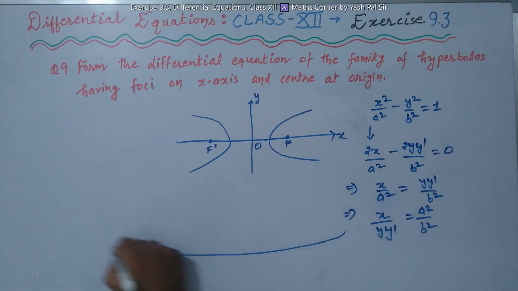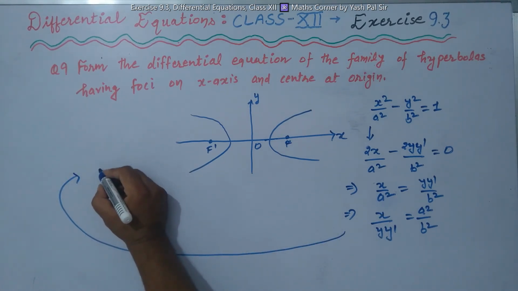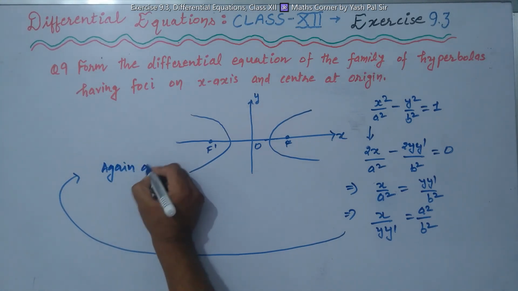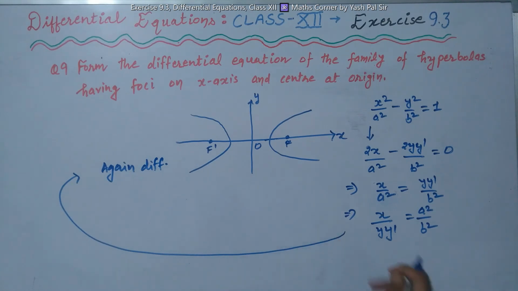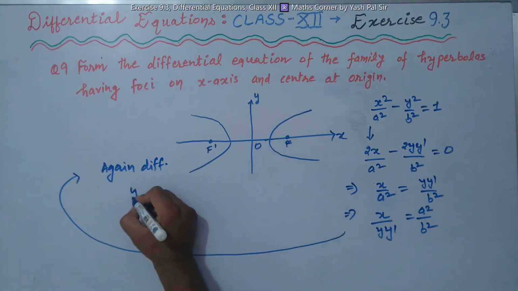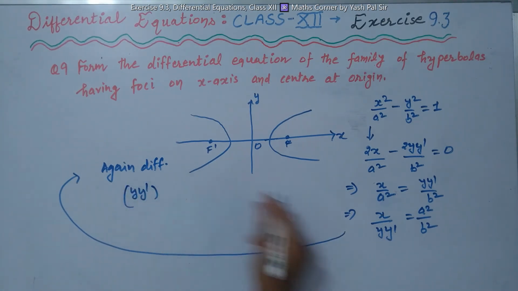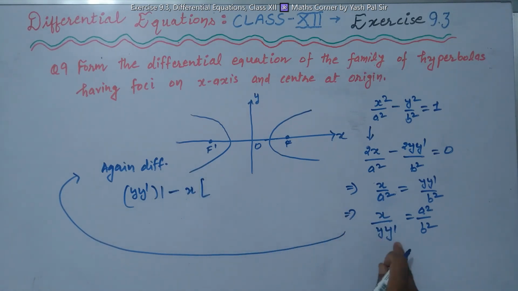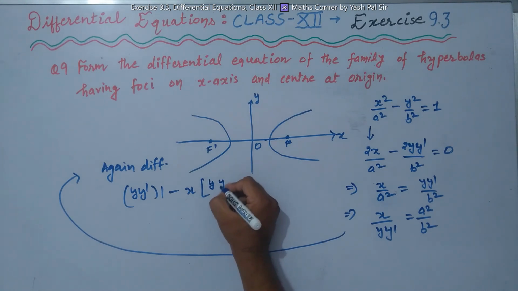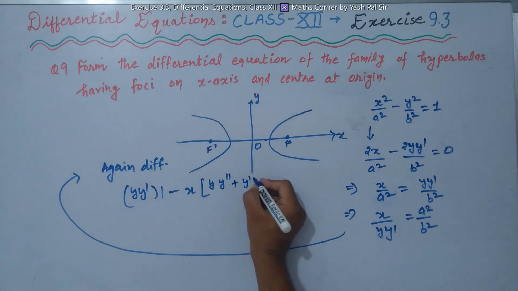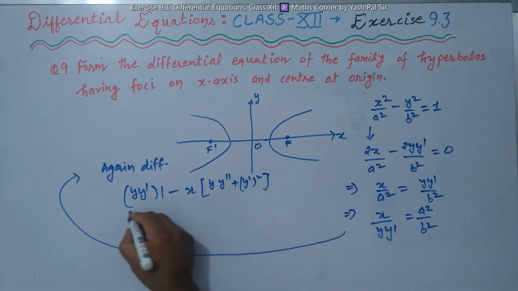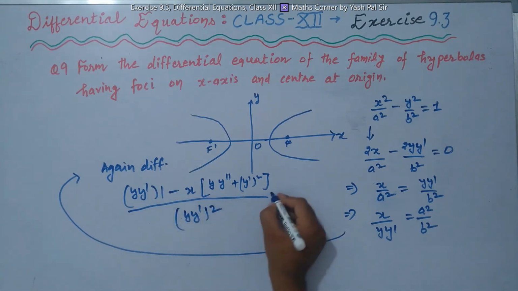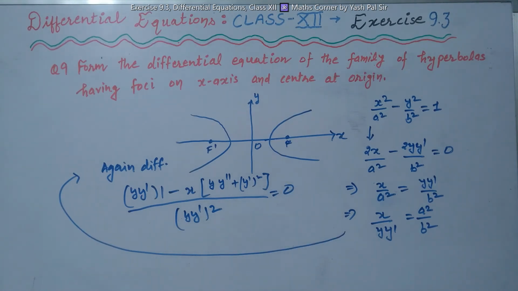So what happens? Denominator, again differentiating with respect to x, we have y dash into derivative of x, which is 1, minus x into derivative of denominator, y double dash, upon y dash whole square is equal to 0, right?